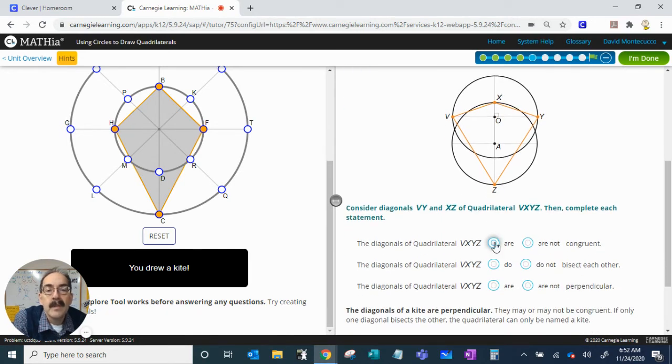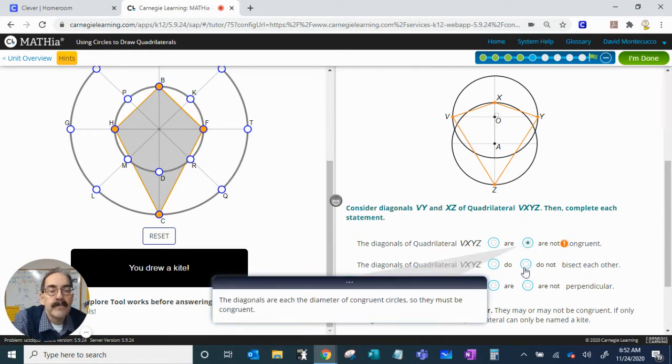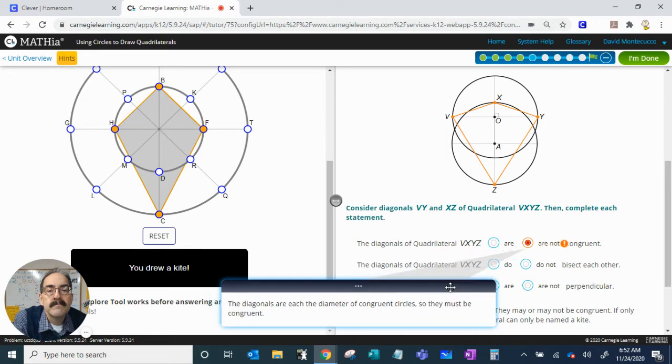So, the diagonals are not congruent. Consider V, Y, X, Z. Then complete each statement.